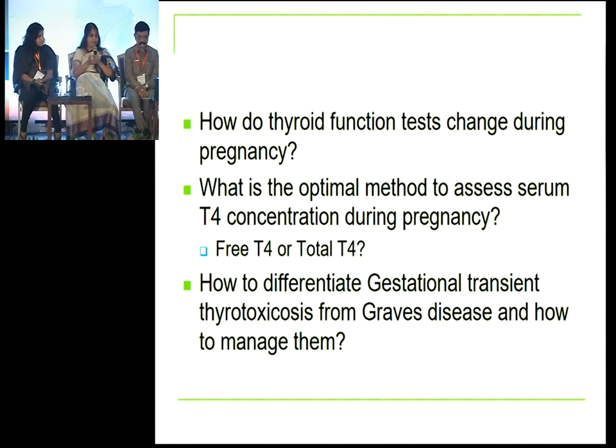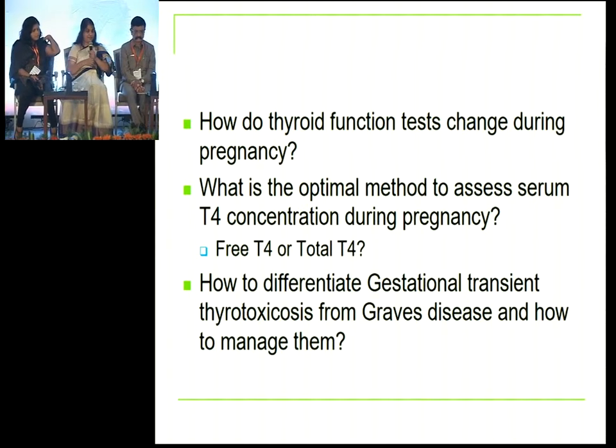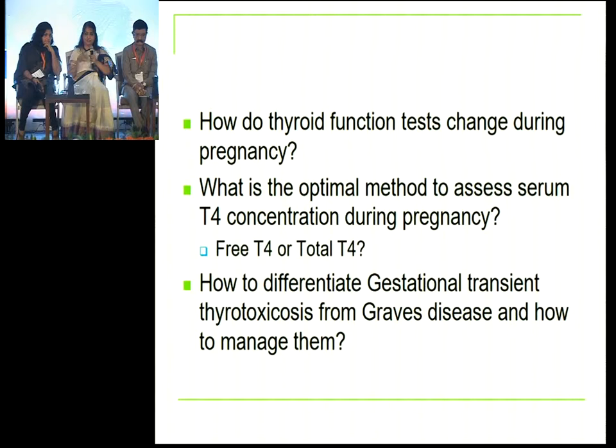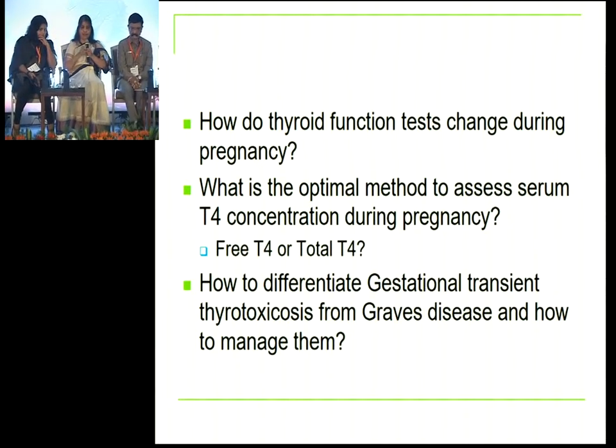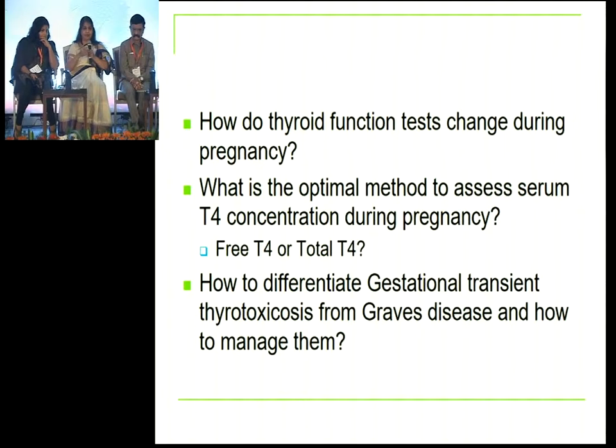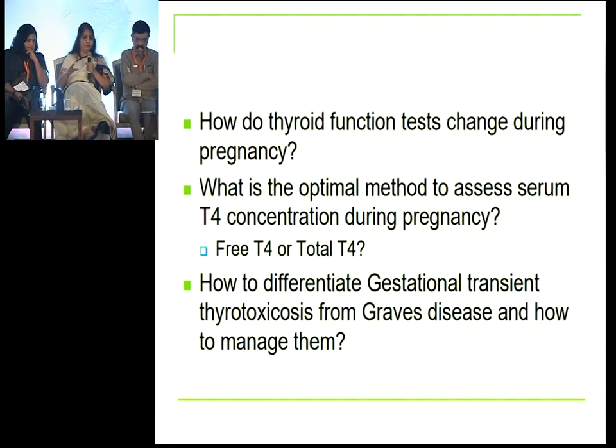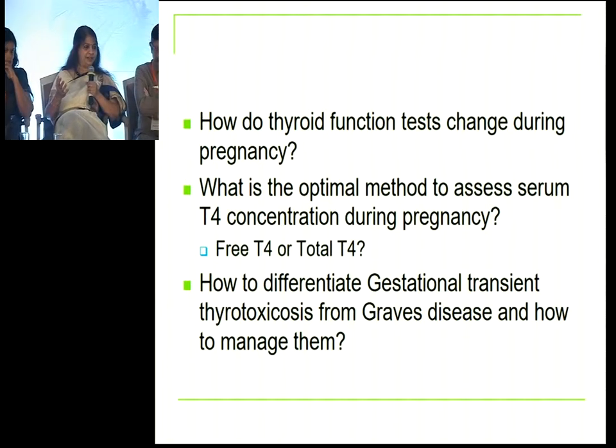So I think that was very beautifully discussed. One of the things is these automated immunoassays can be an issue for free T4, but typically they tend to be a little lower in the third trimester and may not have big issues in the first and second trimester. Having said that, the problem with the total T4 is this 50% increase in the T4 is applicable only around 16 weeks.